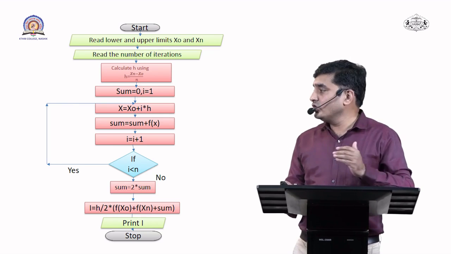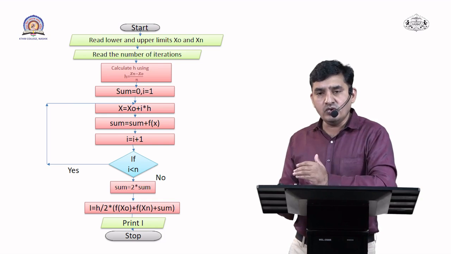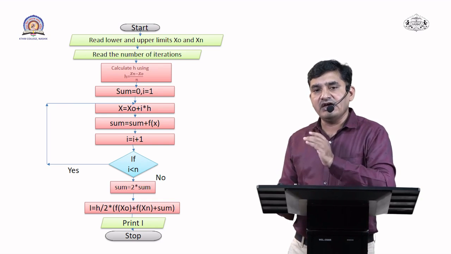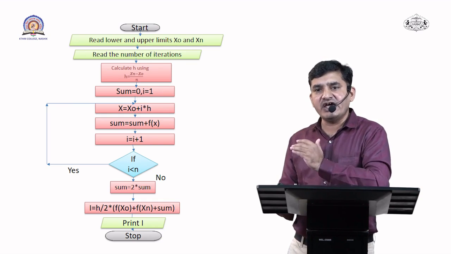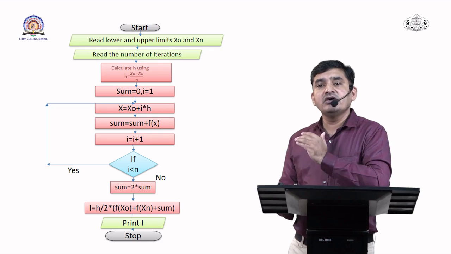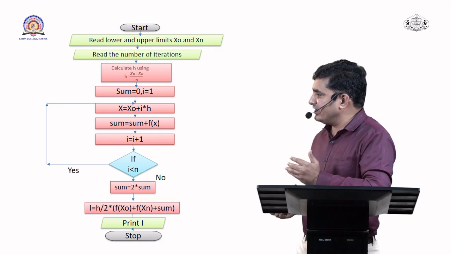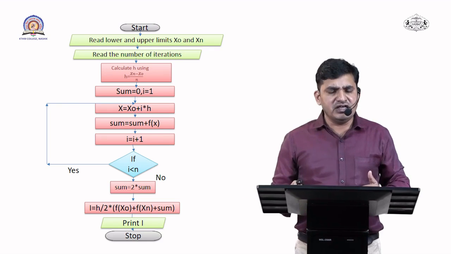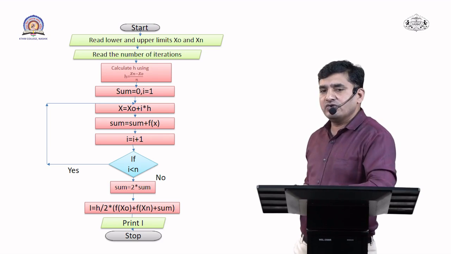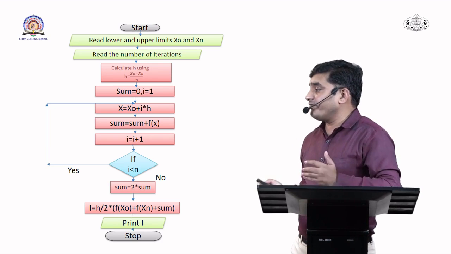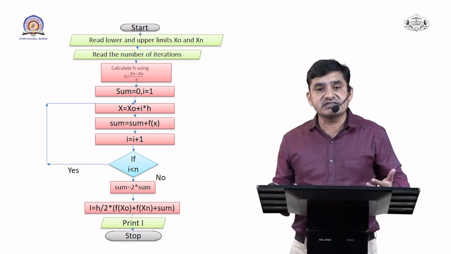Sum is equal to 2 into sum, that is 2 in bracket f of x1 plus f of x2 plus f of x3 and so on up to f of x n minus 1. Then we can find the integration by using the formula I is equal to h by 2 into f of x0 plus f of xn plus sum.